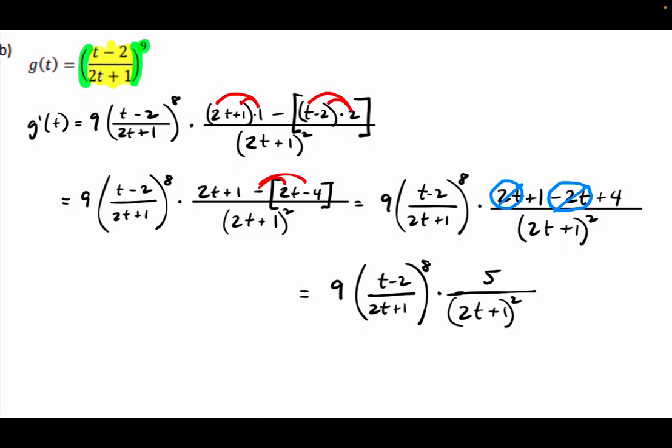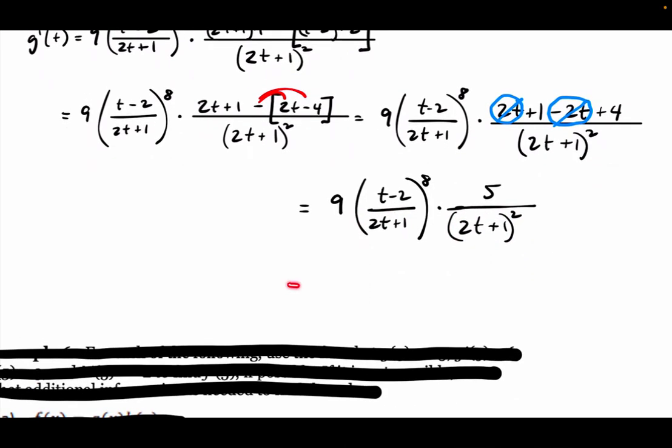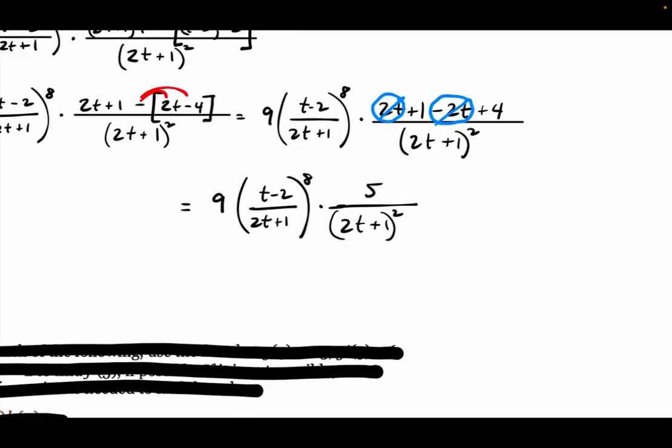So I can actually simplify this a little more. The reason I can simplify it is because I have common denominators. I know when multiplying you don't need common denominators, but I do, so I can combine some things. So watch what I do. I'm going to combine them. So I'm going to rewrite the fraction here.